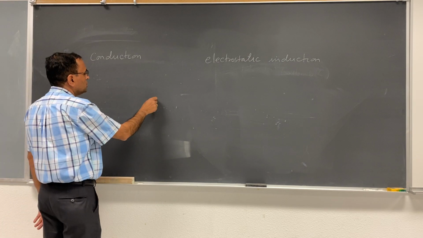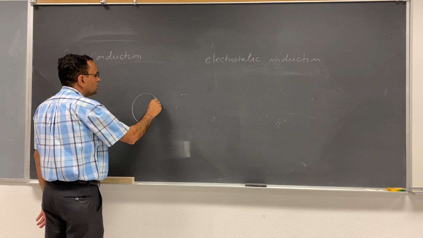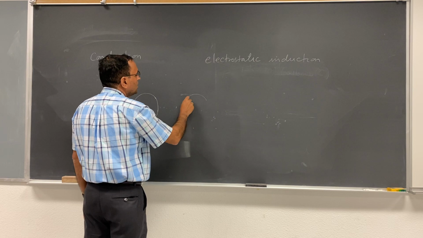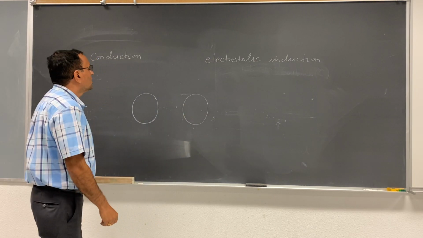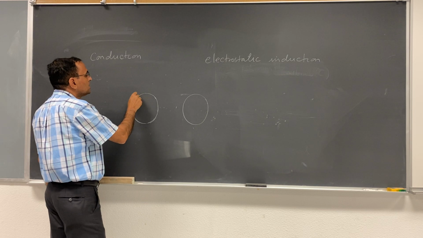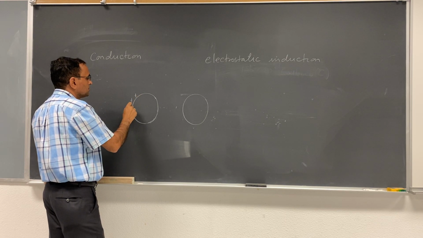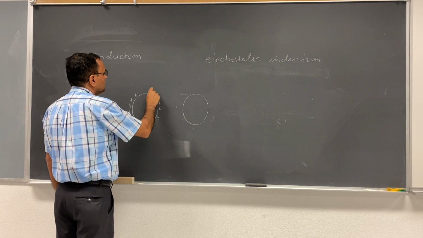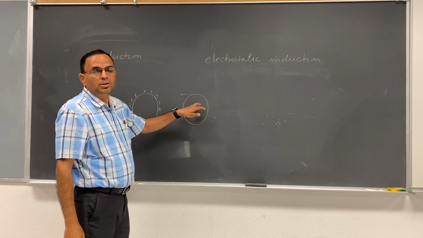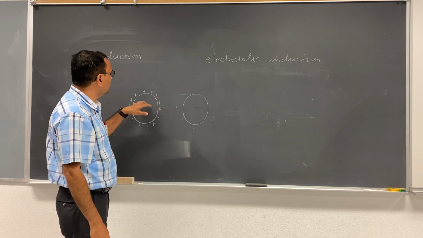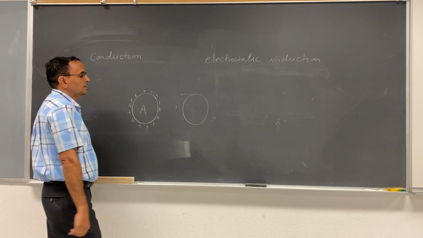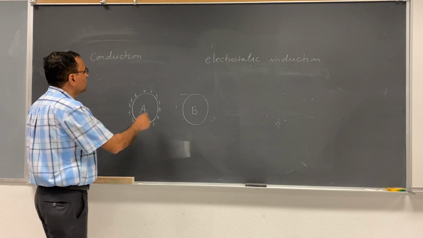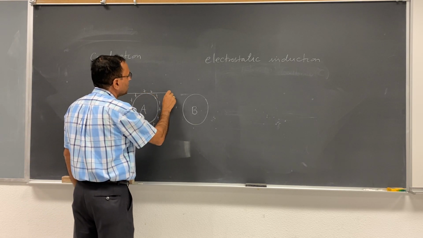For example, let us suppose this is a sphere, one metal sphere, and here you have another metal sphere. Suppose this is positively charged, and this is neutral. Initially, sphere A is positively charged, sphere B is neutral.